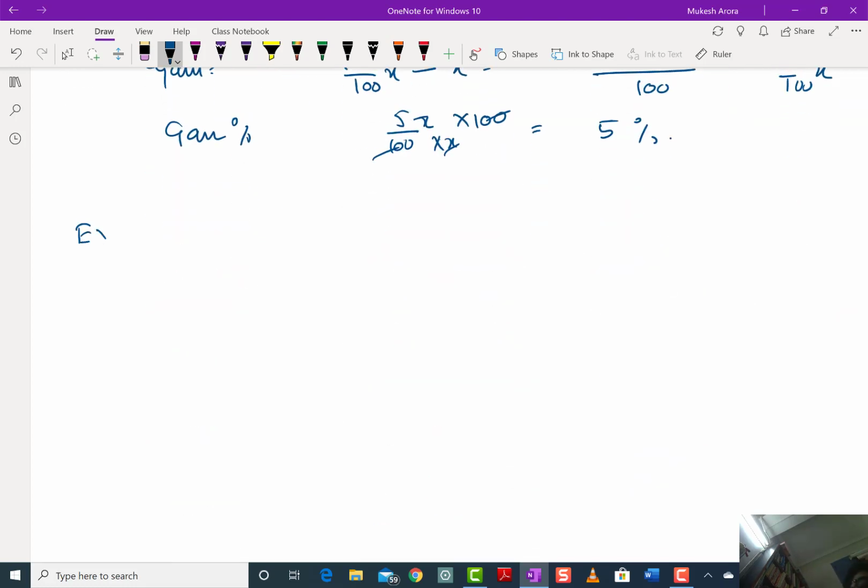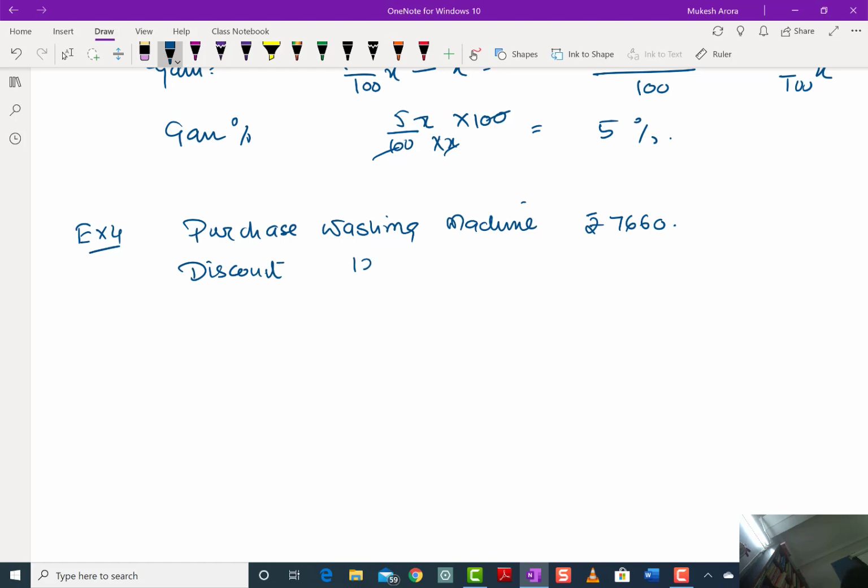Example 4. A dealer purchases a washing machine for rupees 7660. He allowed a discount of 12% on mark price and still gained 10%.